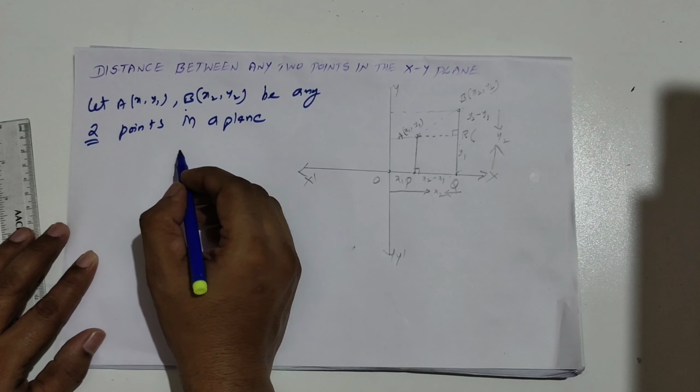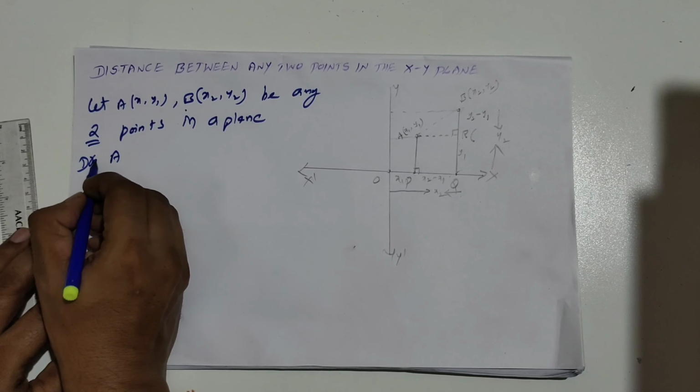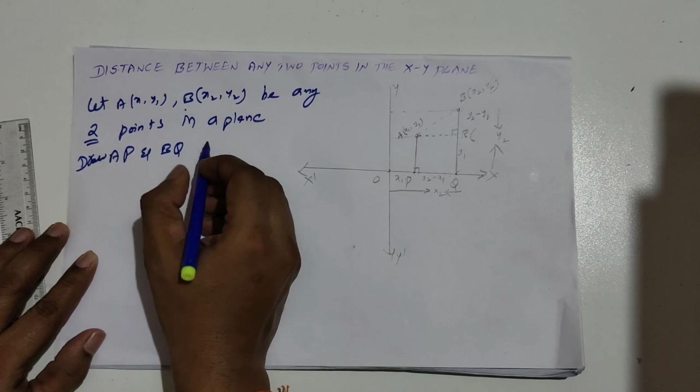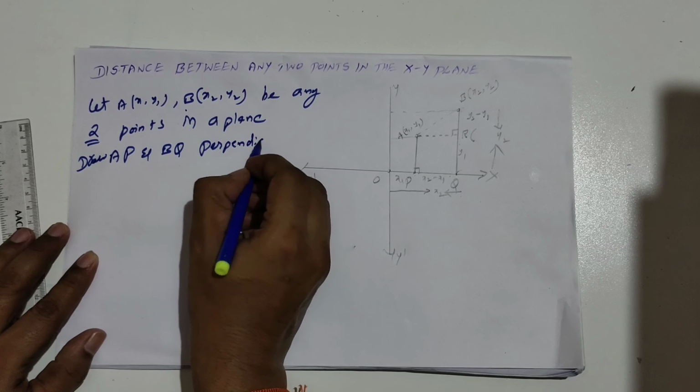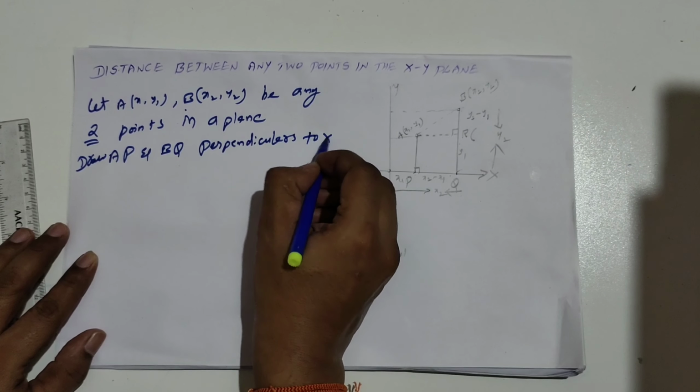Okay, now draw AP and BQ perpendiculars to x-axis.